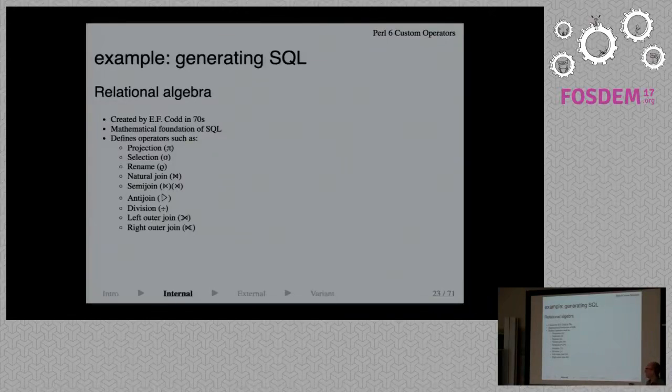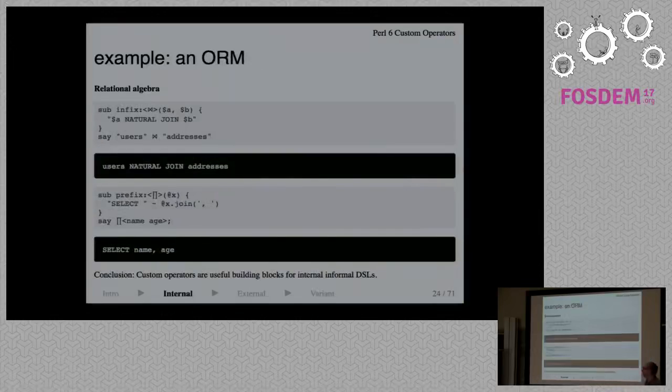And he had definitions for things like projection, selection, rename, natural join, semi-join, all these things that we now use SQL to express. So what we could do in Perl 6 is, instead of inventing something new, reuse some of these operators that already have well-defined semantics for querying data.